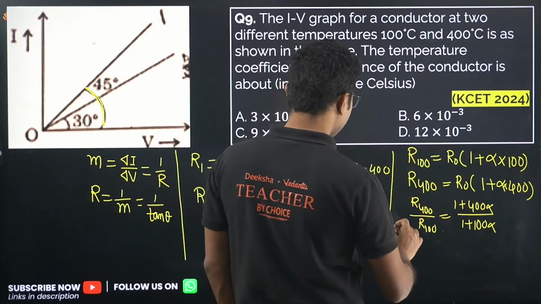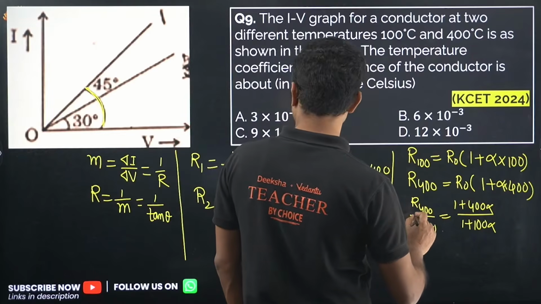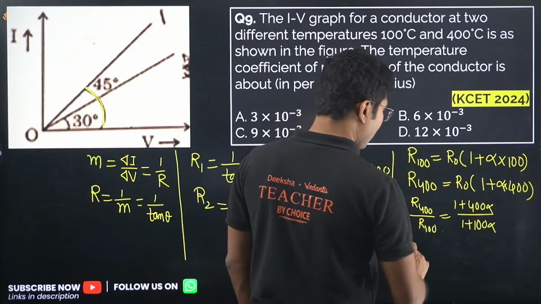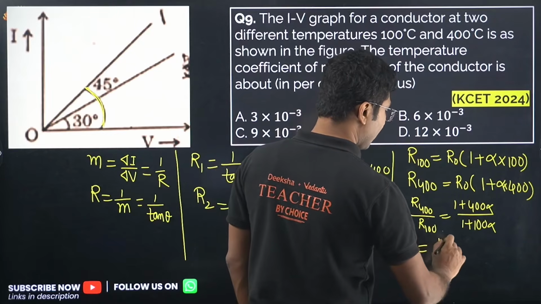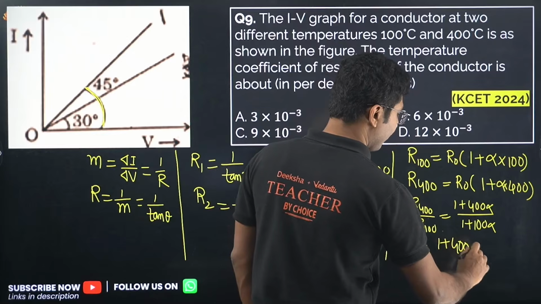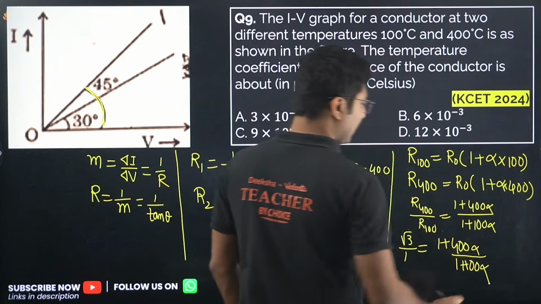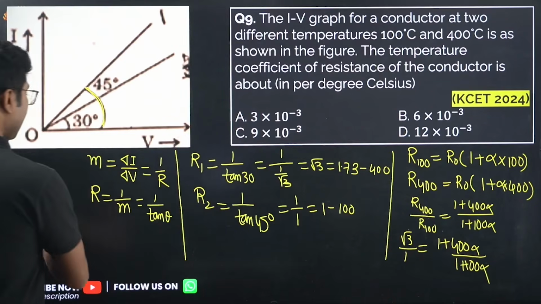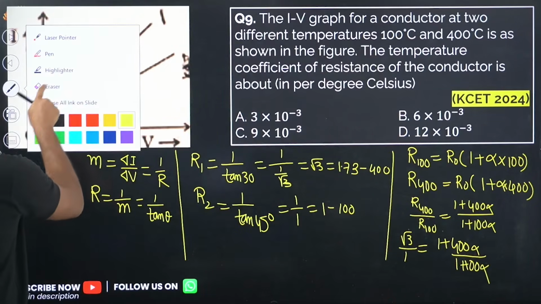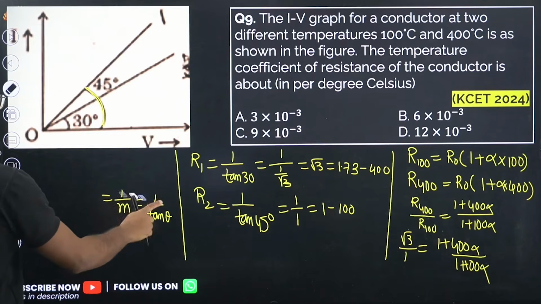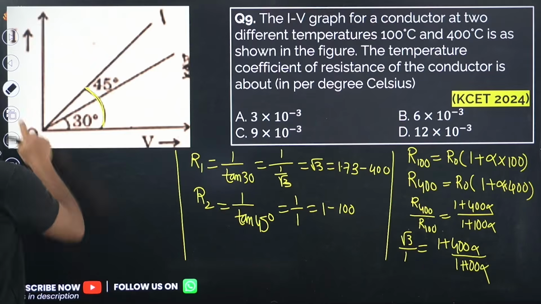Now R400 is root 3, we'll keep it as root 3 for now, divided by 1 equals 1 plus 400 alpha divided by 1 plus 100 alpha. Now cross multiply. What will we get? Let me write it over here.